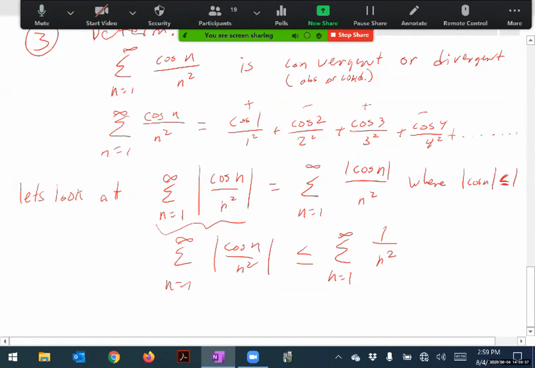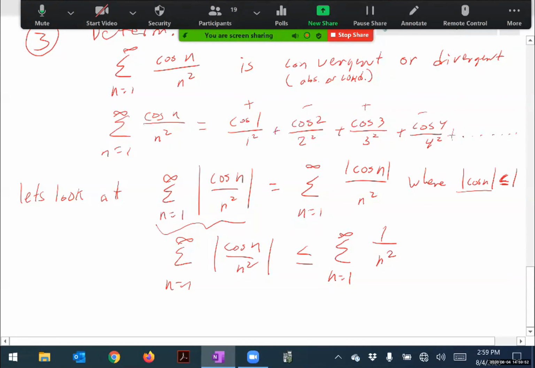How do I know that? Well, if the numerators are less than or equal to each other and the denominators are the same, then the fractions are less than or equal to each other.